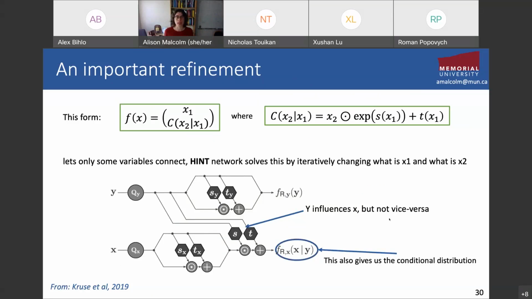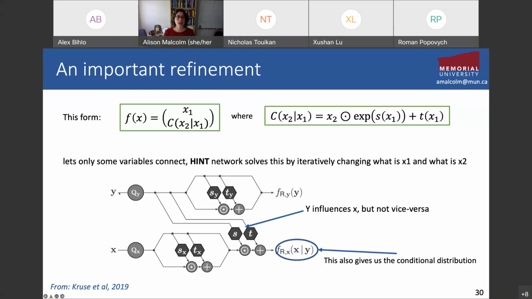Okay, and there's a specific hierarchical network called a HINT network that lets us change these variables. And we also need to combine our three sets of flows. Okay, and this is also done with the HINT structure.